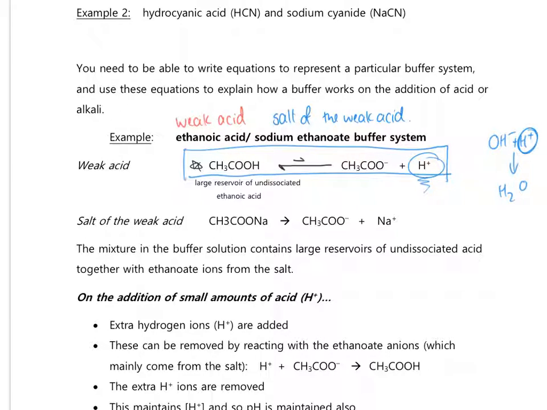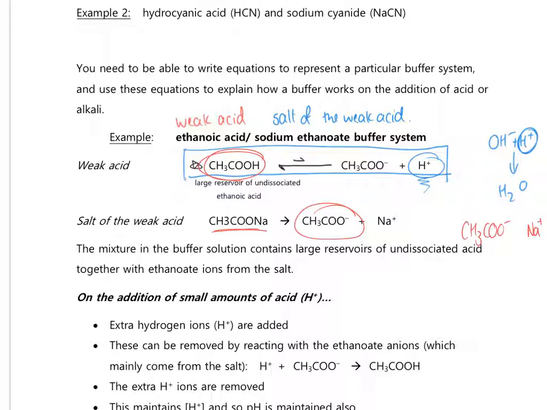Okay, so my buffer system works by having this reservoir of my undissociated acid, and these ethanoate ions, because of the salt of the weak acid, sodium ethanoate, because it is made up of these ions.